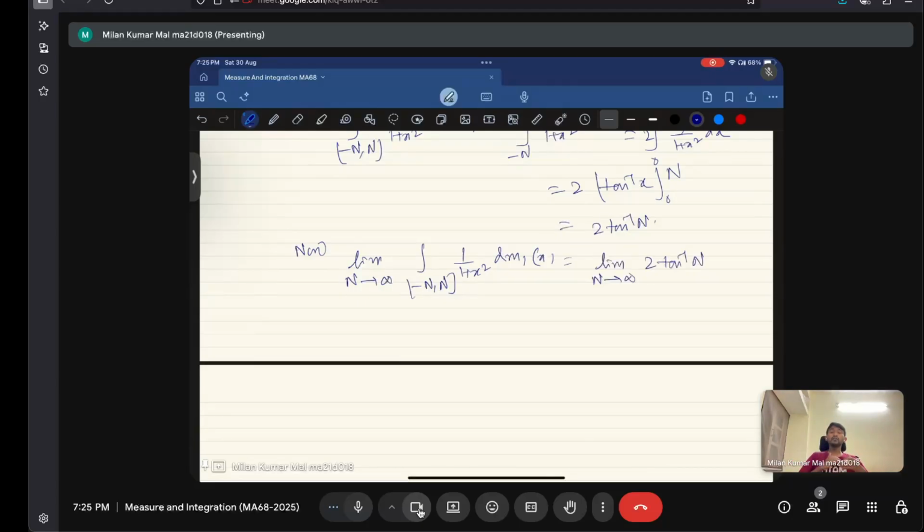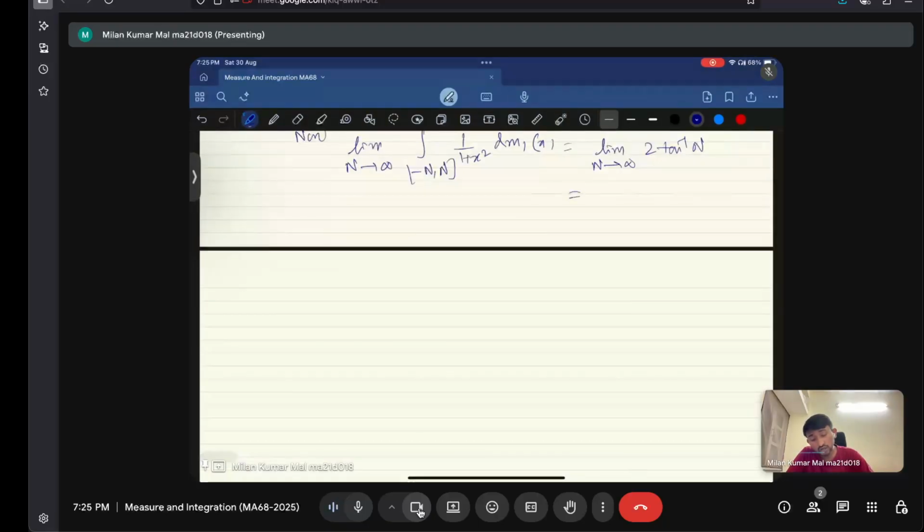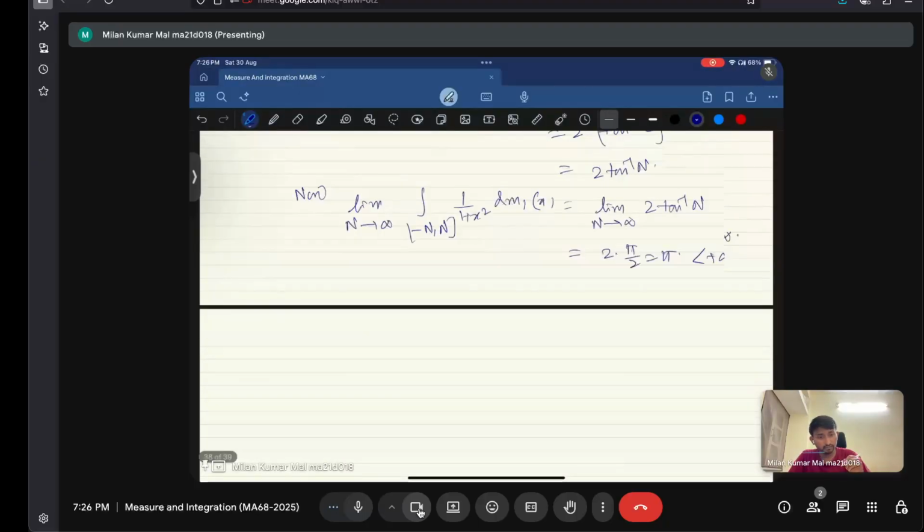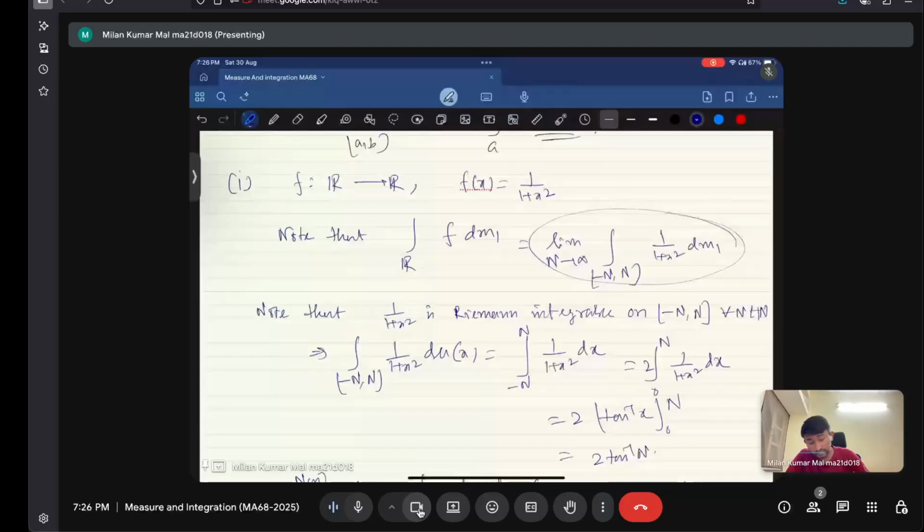Now note that as n tends to infinity, tan inverse n, because that is a continuous function, will go to pi by 2, so 2 into pi by 2 is equal to pi. So that is finite basically. This is what I need, finite. So therefore, this limit exists finitely. So therefore, f is integrable.